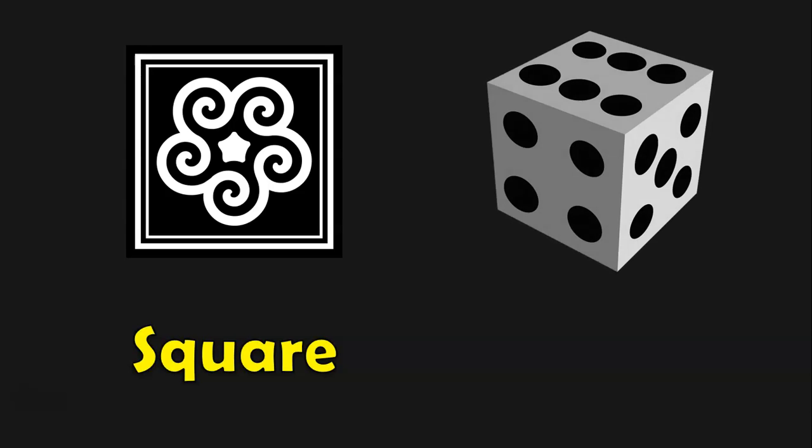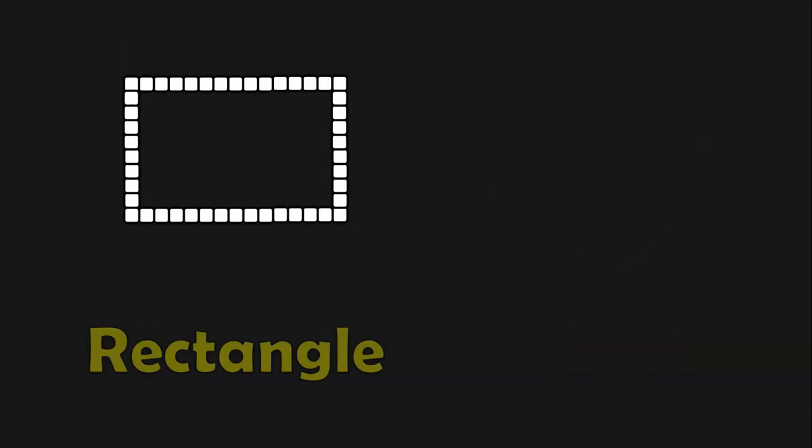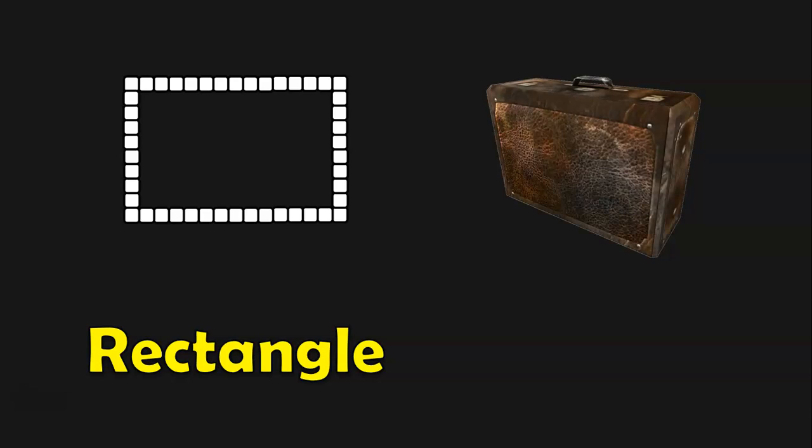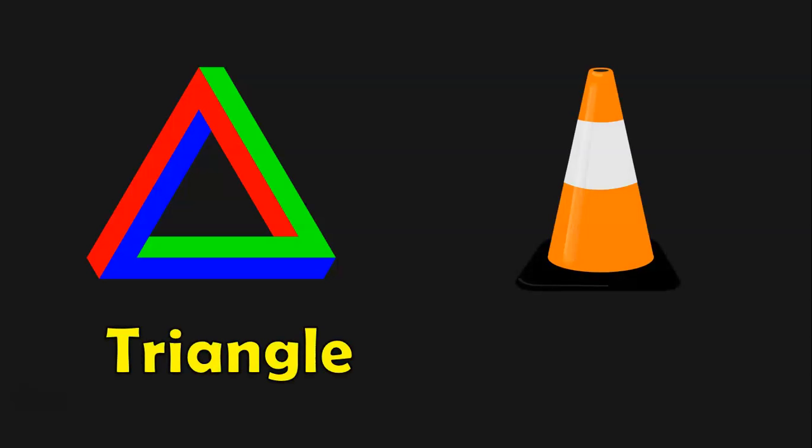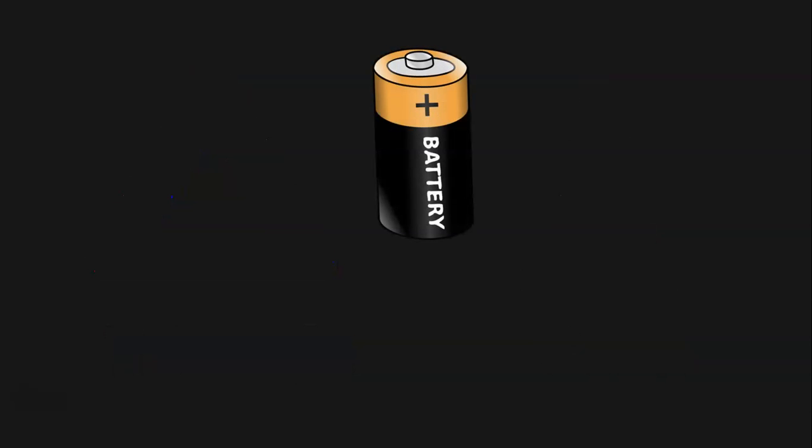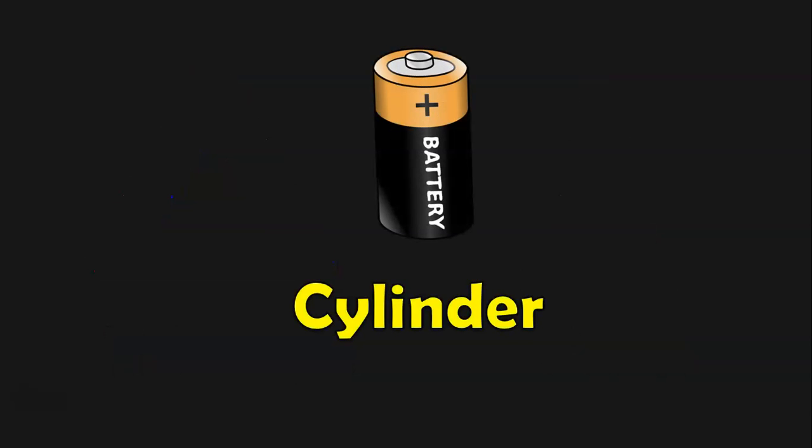This is a square and this is a cube. This is a rectangle and this is a cuboid. This is a triangle and this is a cone and this is a cylinder.